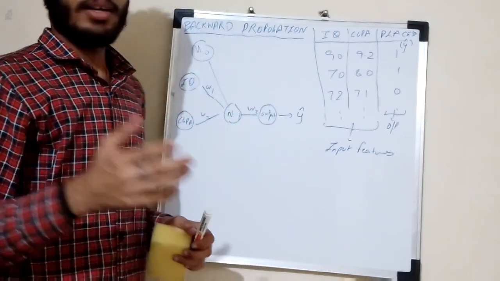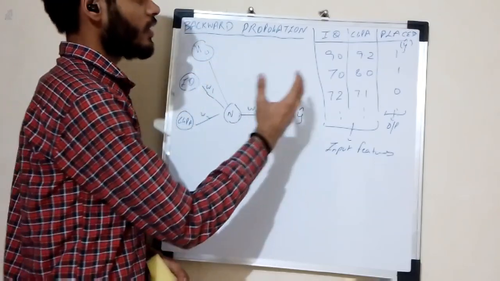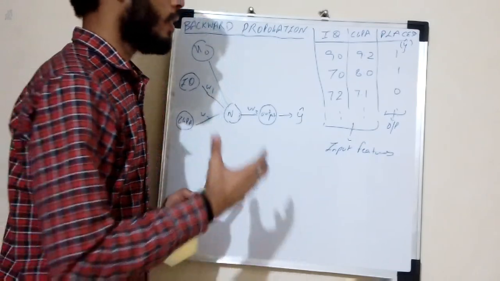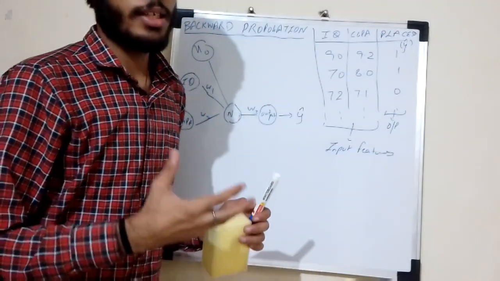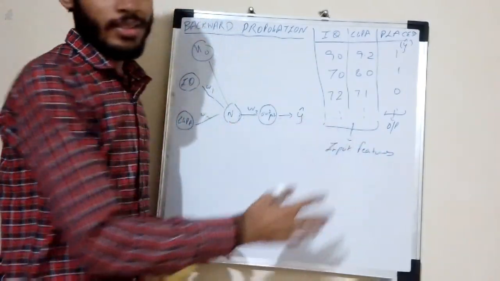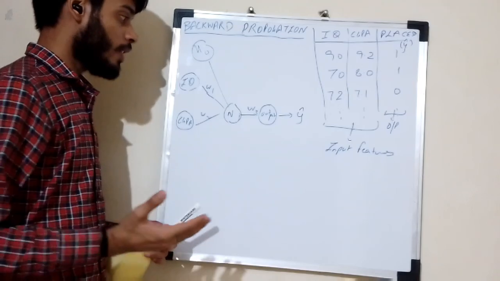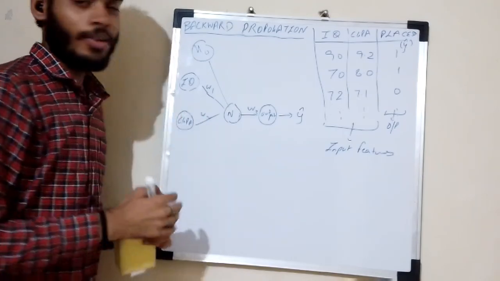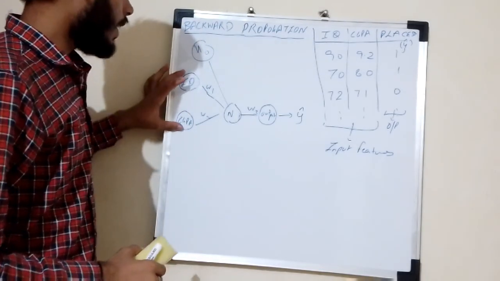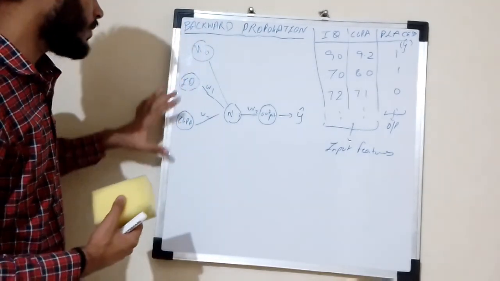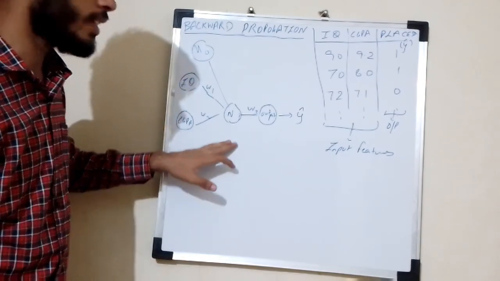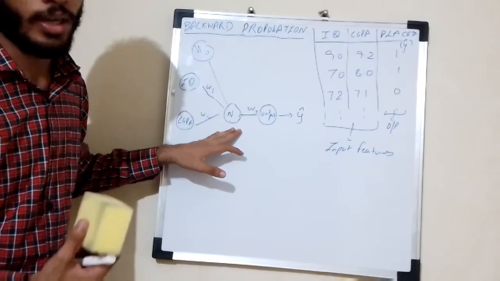As in our previous video, we took this example of a model that predicts whether a student will get placed or not, based on the student's IQ and CGPA. Let me revise it if you are new. My IQ and CGPA are my input features, forming the input layer, and this N is my hidden layer, a single hidden layer having only one neuron.